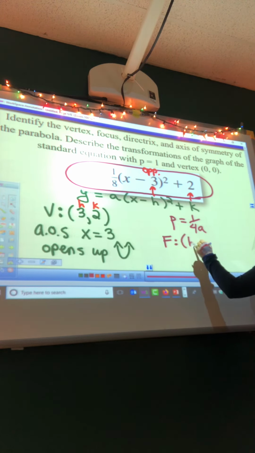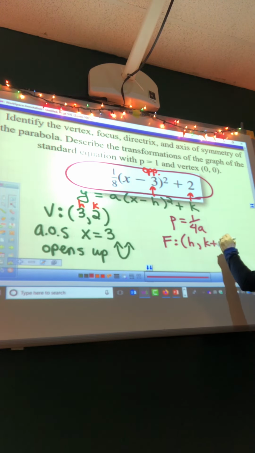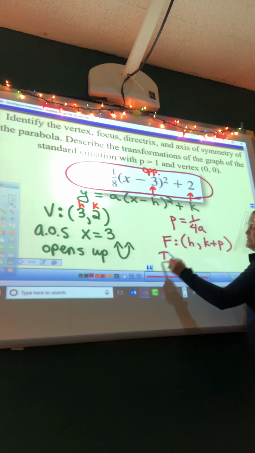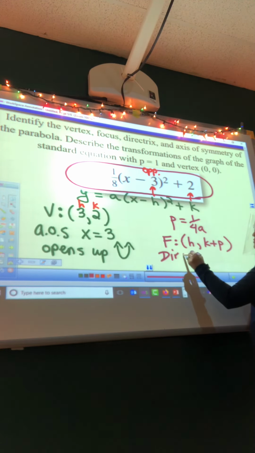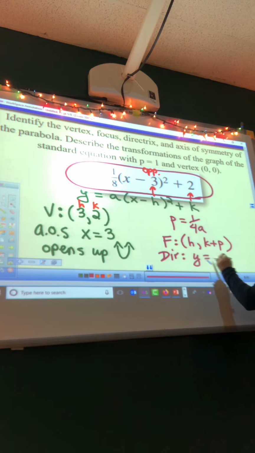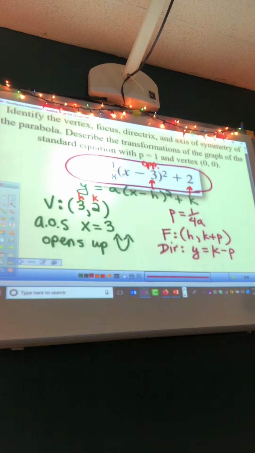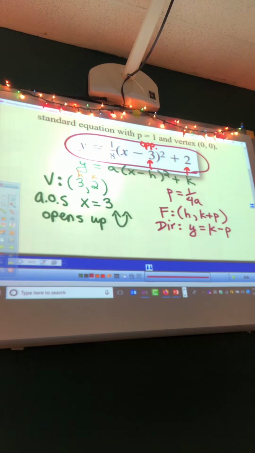Focus: plus p on the focus, and then minus p on the directrix. Correct? All right. I like to write those formulas again because repetition helps us remember, correct?